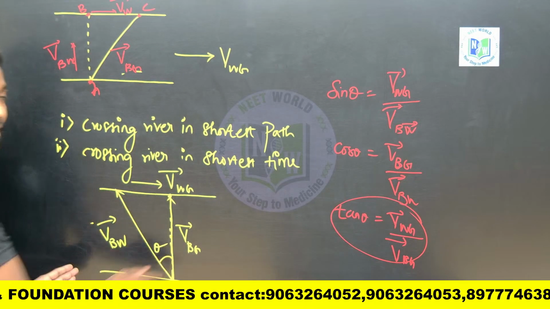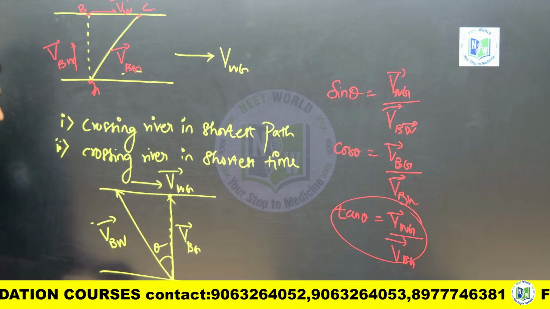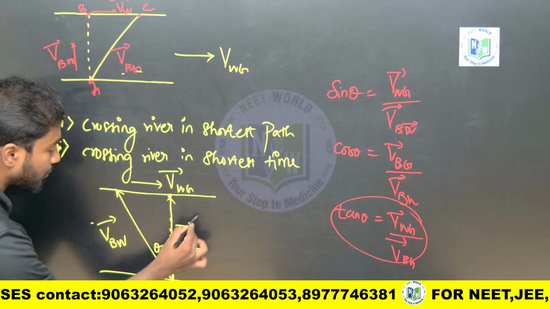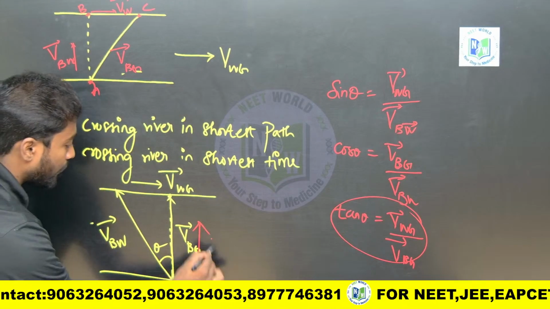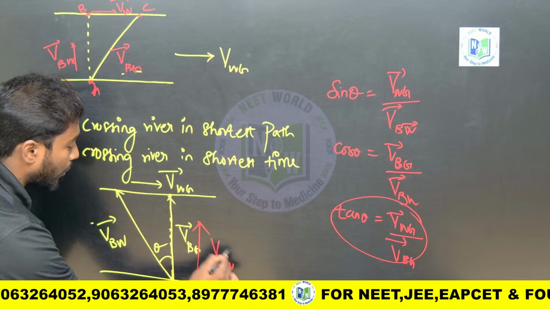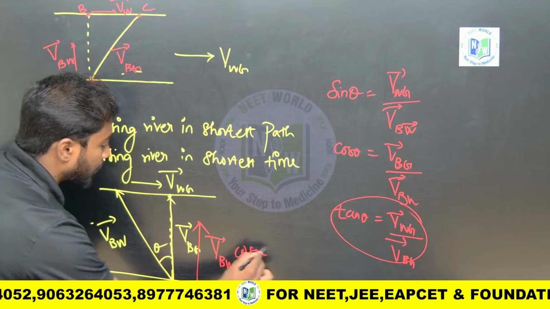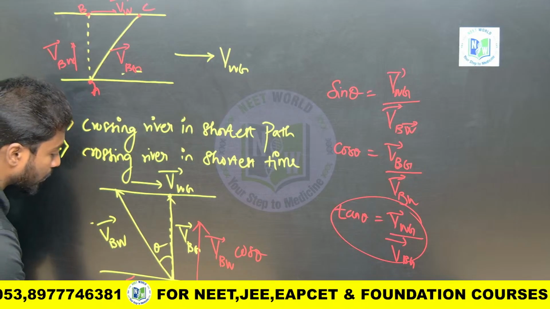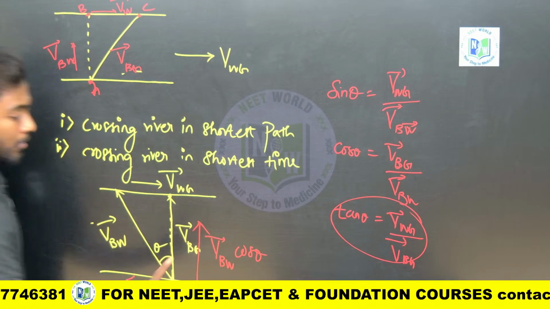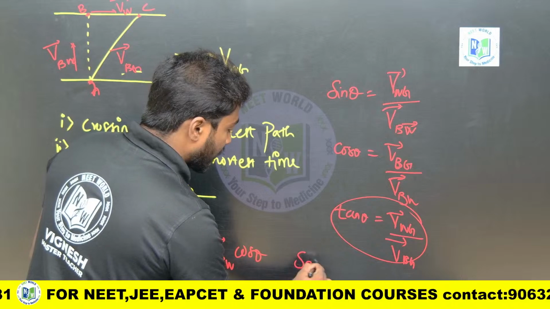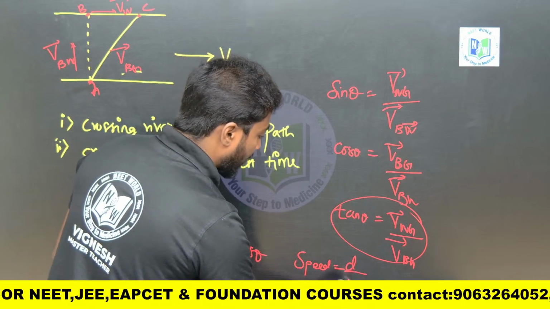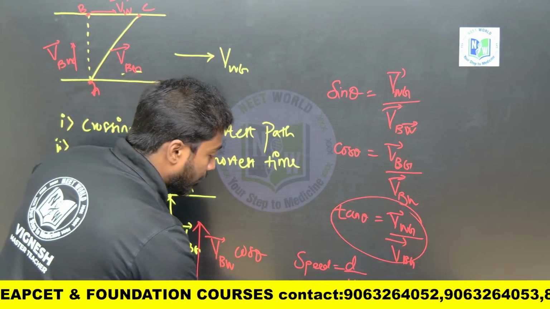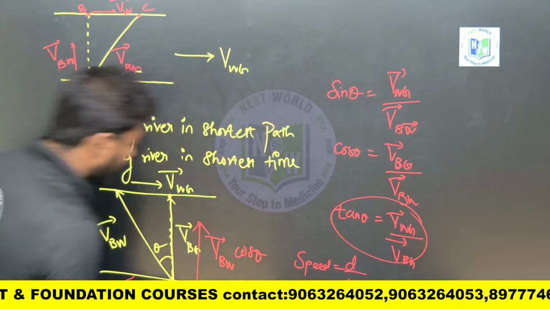Now the shortest time we need to calculate. So this is the shortest path. I will take the angles. This one will be velocity of boat with respect to water, cos theta. This is my angle, velocity of boat with respect to water, sin theta. The formula: speed equals distance by time. Time equals distance by speed. How much speed?